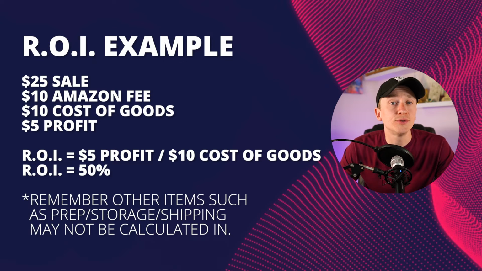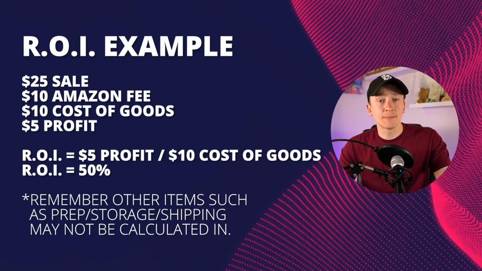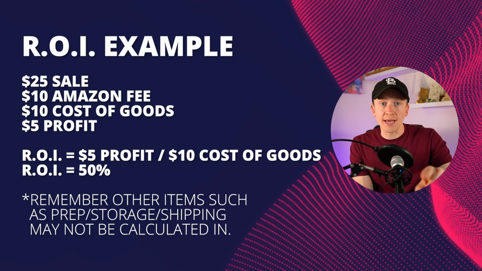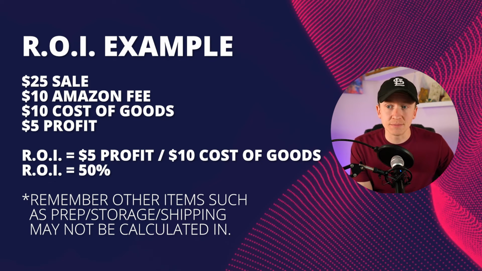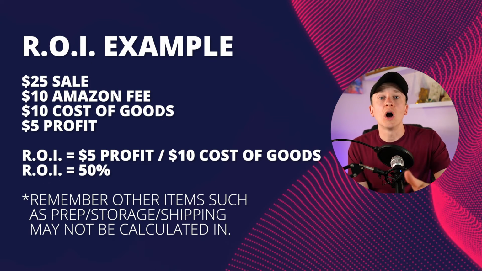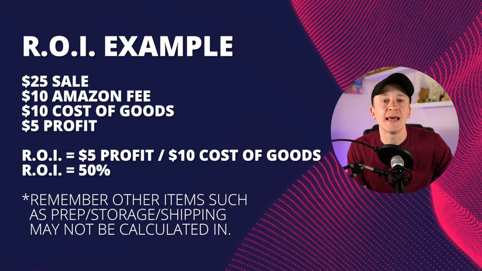So one way to think about how we speak about this is it is the $5 return that you get on the $10 investment that you made. So it's the return on investment, $5 return on the $10 investment that you made. That comes out to be 50% ROI.